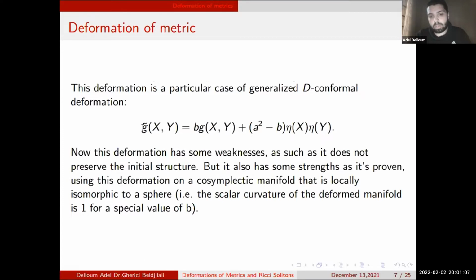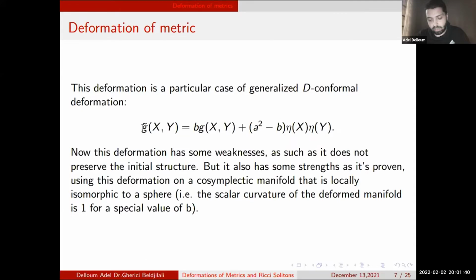So what about the generalized deformation? Well, this deformation has some weaknesses. Often the initial structure is not preserved by this deformation. We've applied it to complex manifolds, and usually you end up with strong conditions on the functions b and a, but it also has strengths, as it's proven.